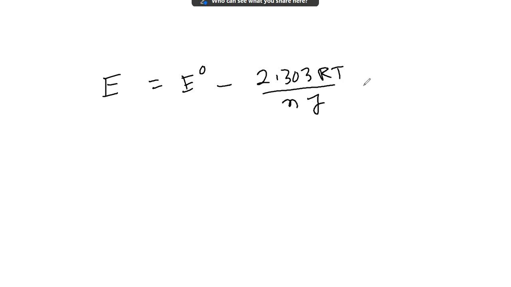Using the Nernst equation, E is equal to E naught minus 2.303 RT by NF log K. N means number of electrons transferred, F is the Faraday, K is the equilibrium constant. R value I have taken as 8.314, T as 298 Kelvin, F as 96500.